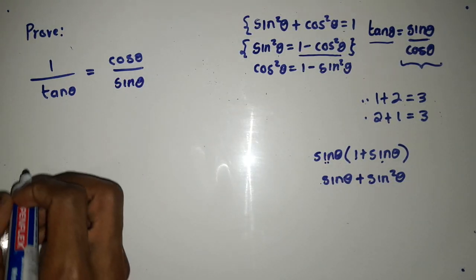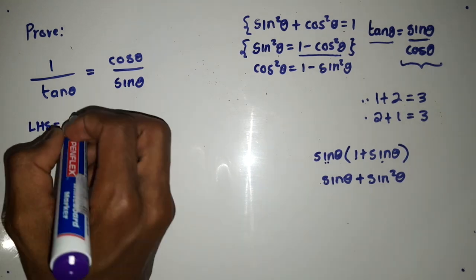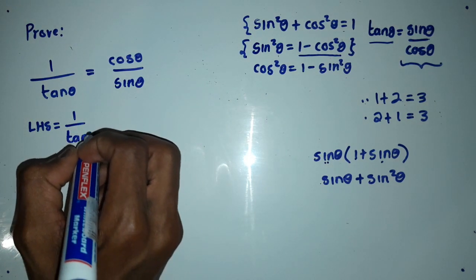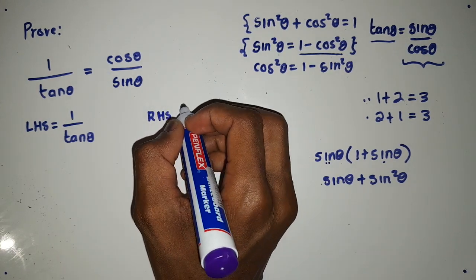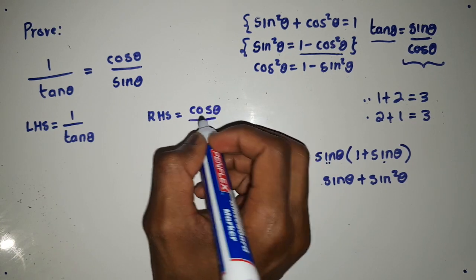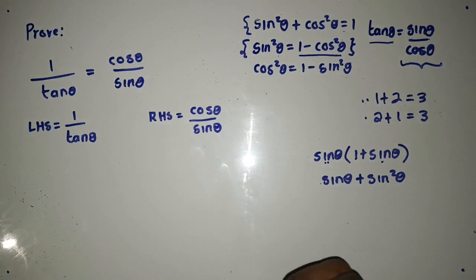Firstly, for us to solve this, let us split. Left hand side is equal to 1 all over tan theta. Right hand side is equal to cos theta over sine theta. Which one between the two seems to be more complicated? It is our left hand side.